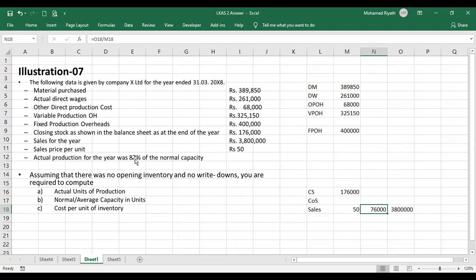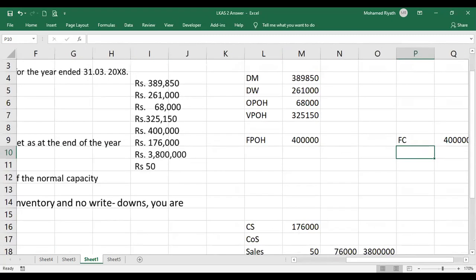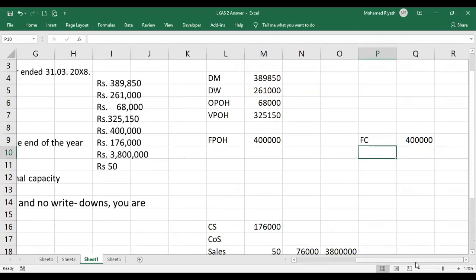So now we have to take 87% of the normal capacity, no? So what's the absorption? The fixed cost equals 400,000.